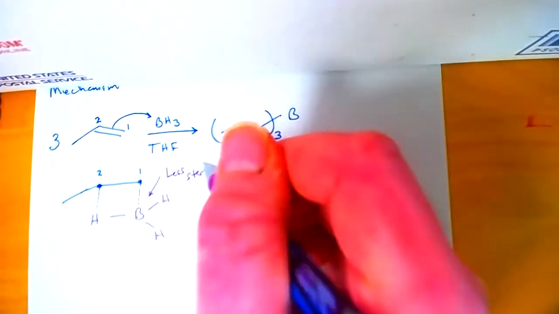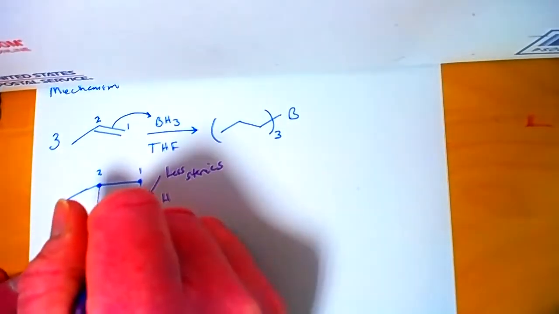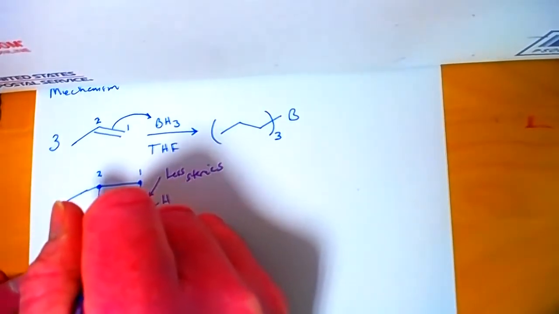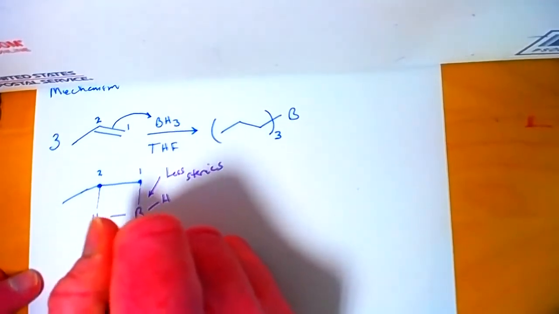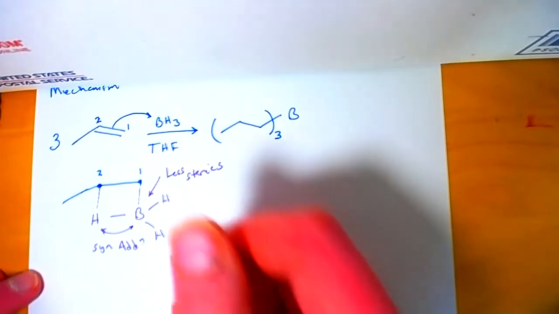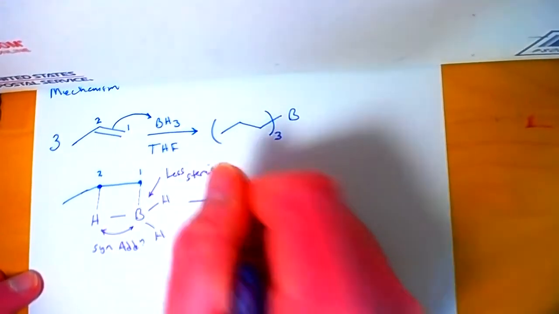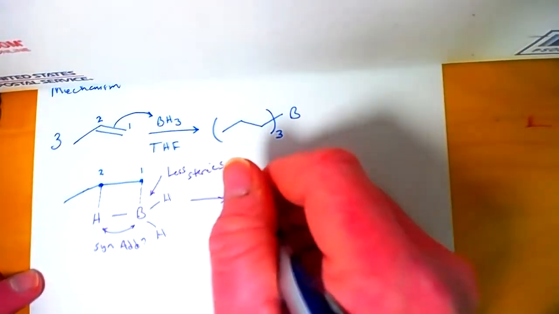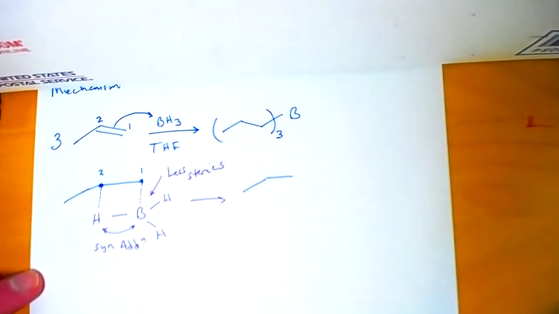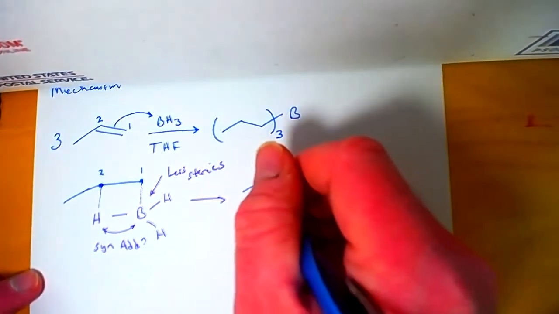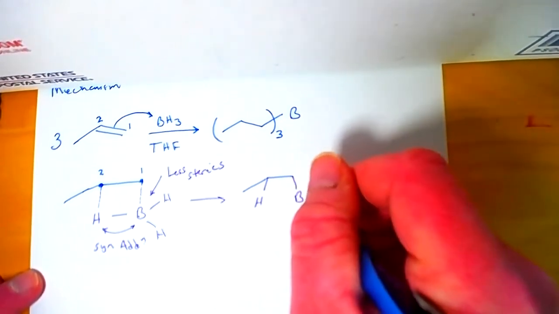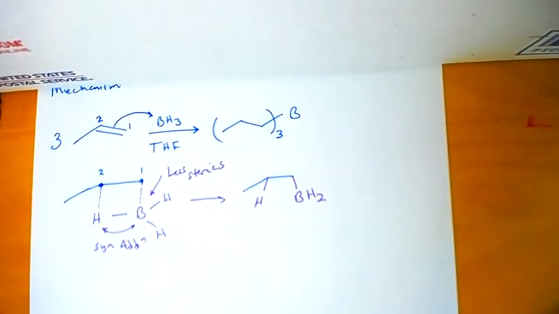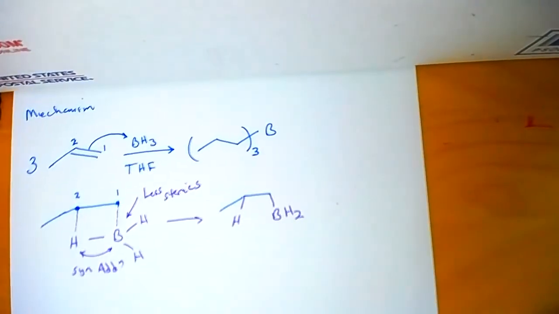So there's less sterics in the species. And notice here that as this addition is occurring, this is occurring with a syn addition when this happens. So the first thing that you end up with is, in fact, you end up adding hydrogen and the boron in this manner.